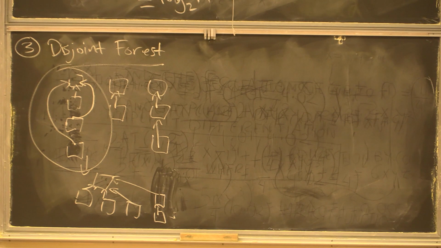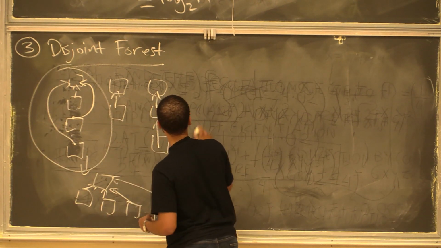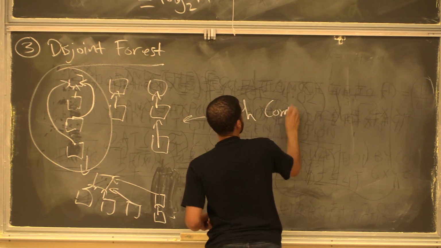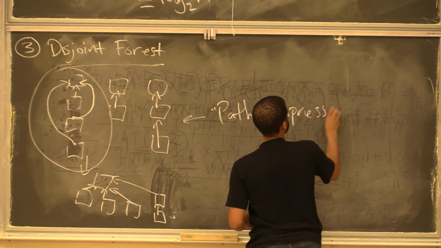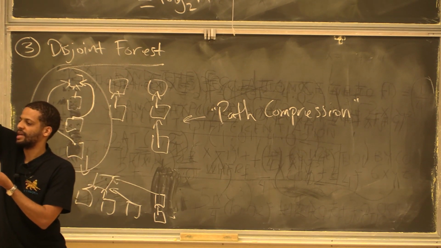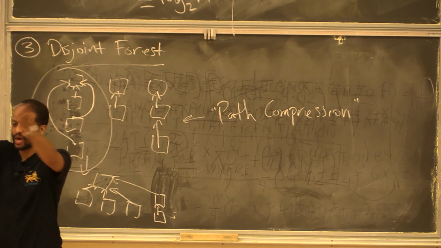So this motivates the idea of allowing our sets to be represented as trees instead of as lists. Because if I do this heuristic, which by the way is called path compression, so this was called the path compression heuristic. Path compression is whenever I do a find and I walk up to the root, everyone I touched now points directly to the root.